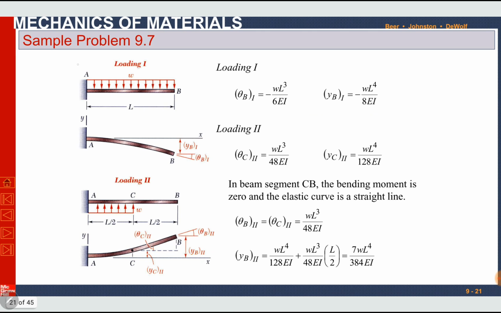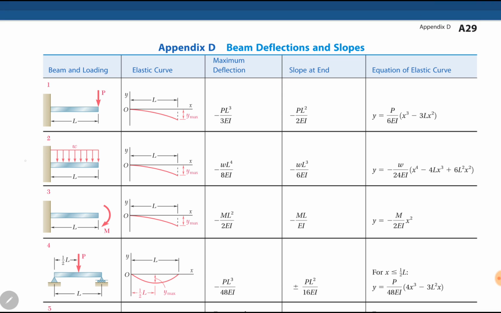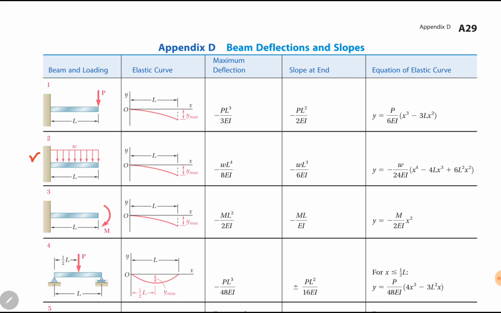This is our loading 1, which is a beam under uniformly distributed downward load W. If we move to the Mechanics of Materials book, here is a cantilever beam under uniformly distributed load W. In column number 3, it is maximum deflection.